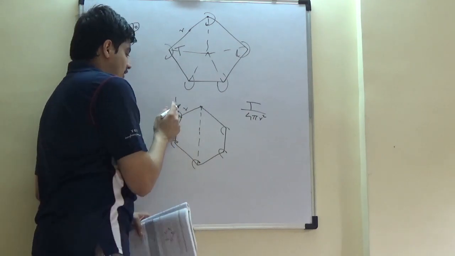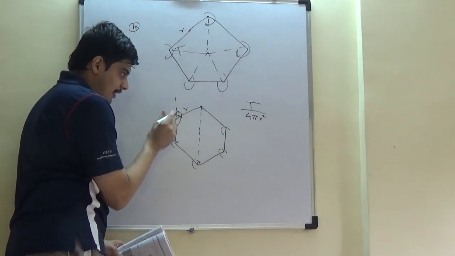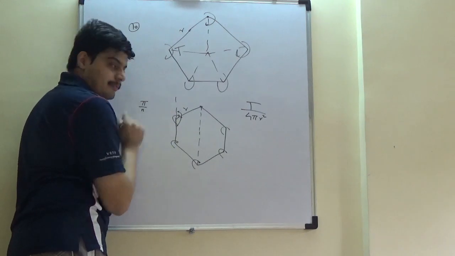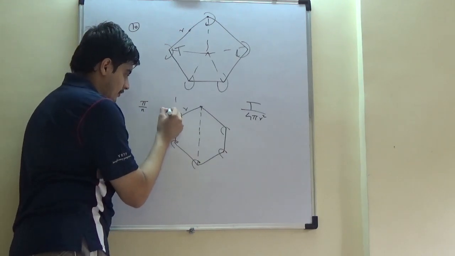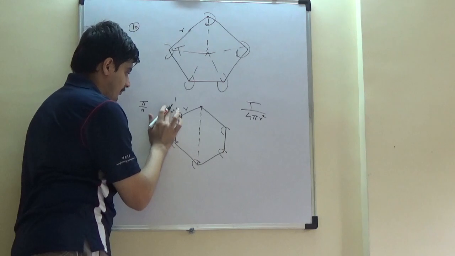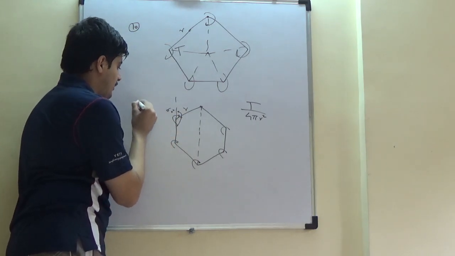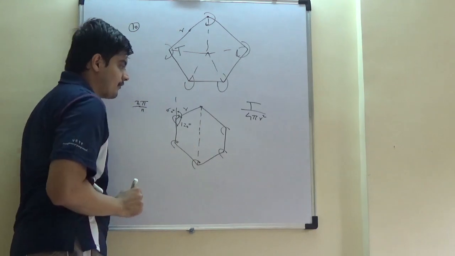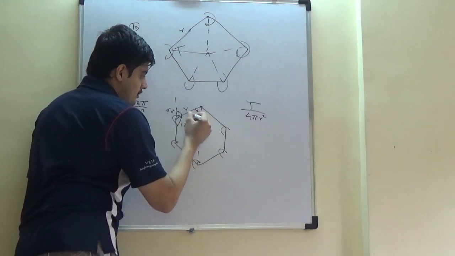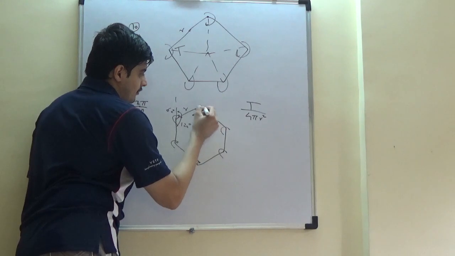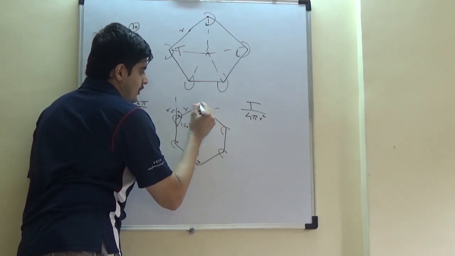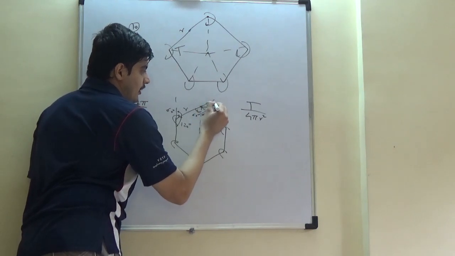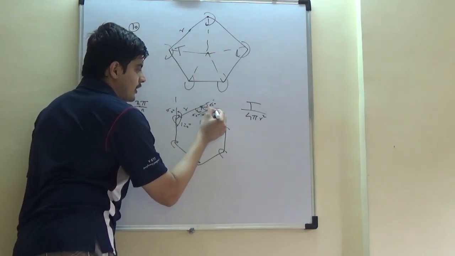We know from polygon theorem that this interior angle it makes is pi by n. So this is 2 pi by n, so 60 degree, and this angle becomes 120 degree. So this becomes 60 degree, right? So this becomes 60 degree again, because this is 30 degree.